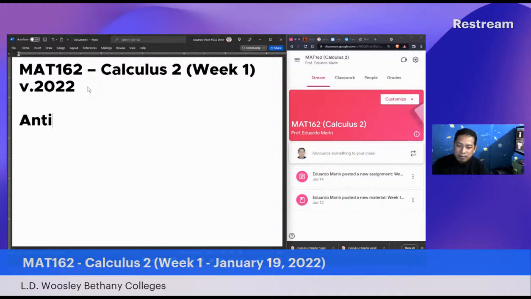Assuming that you have a function, say f of x, say f of x is equal to 3x squared, or you have a derivative here, no? So if we have a function F whose derivative is f of x.